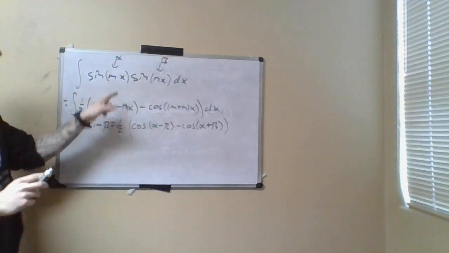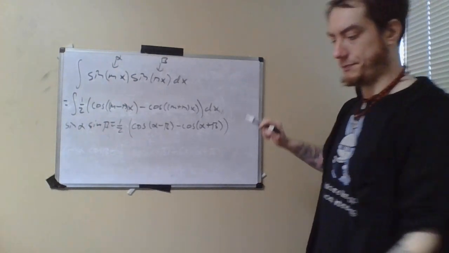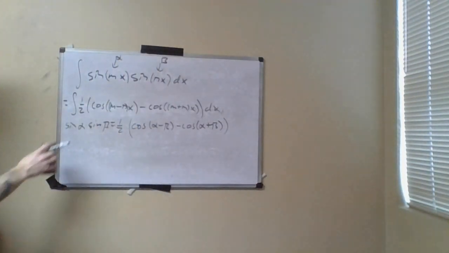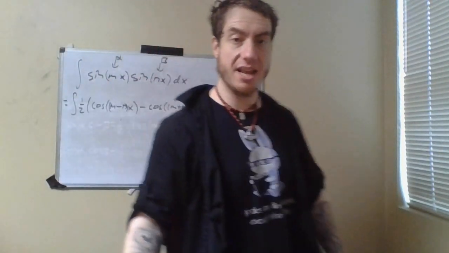So all I've done is I've used this trig identity to rewrite this integral. Now, I'm going to get rid of the trig identity for the moment and just finish this out.